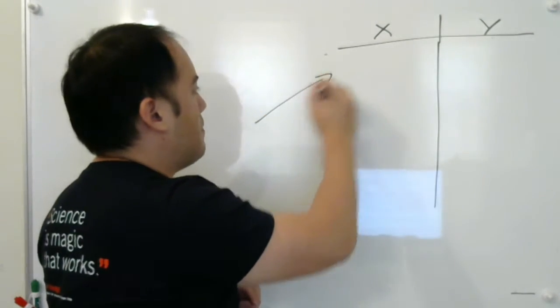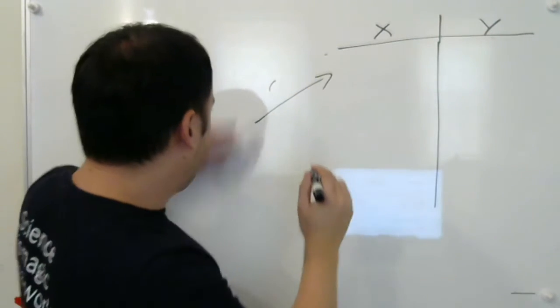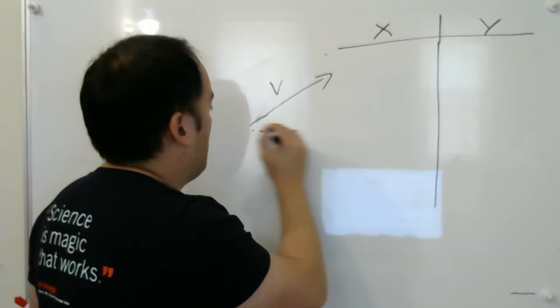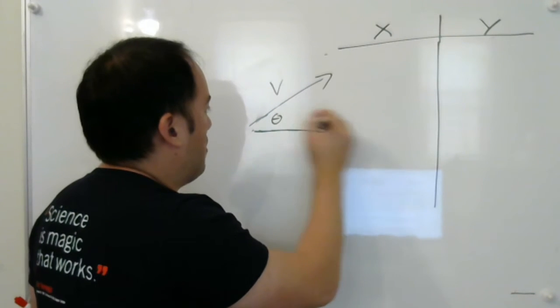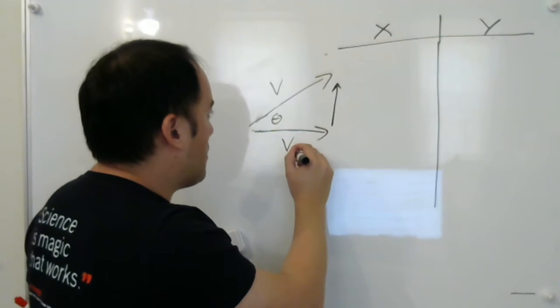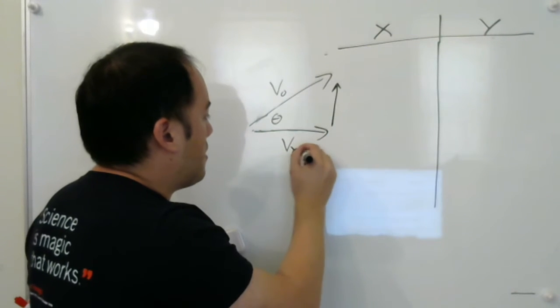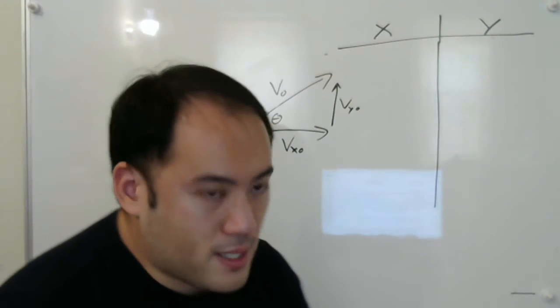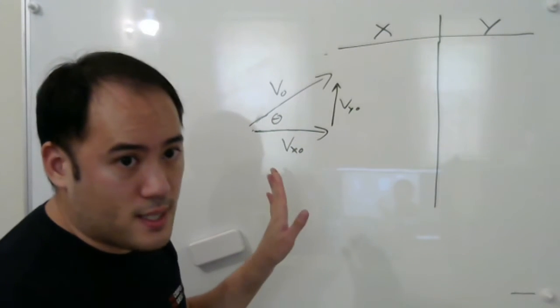Okay, so the problem from yesterday: v theta, it's v naught, v x naught, v y naught. So this is the problem from yesterday. You guys see it? Yeah.